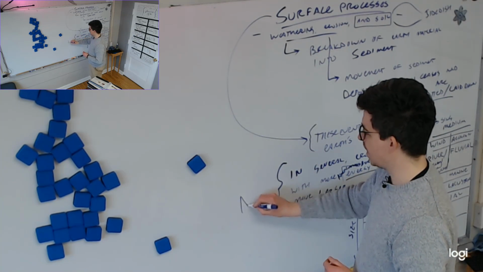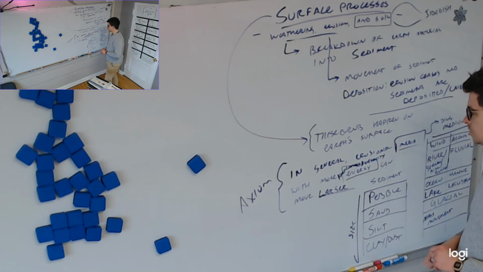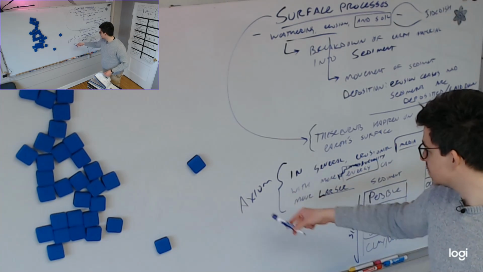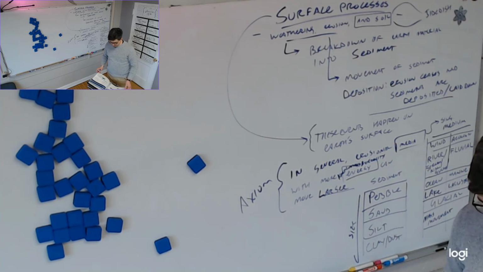I'm even going to call this an axiom, which is what we call like a simple truth. Just because it's simple doesn't mean it's not useful. And we can really complicate it by thinking really hard about it lots of times, but an axiom that in general, erosional media with more energy move larger sediment.